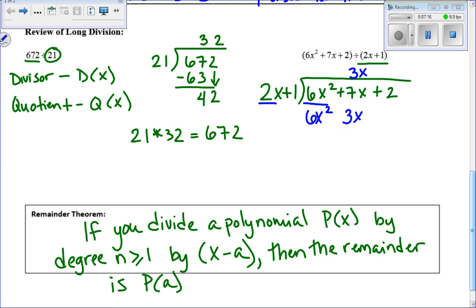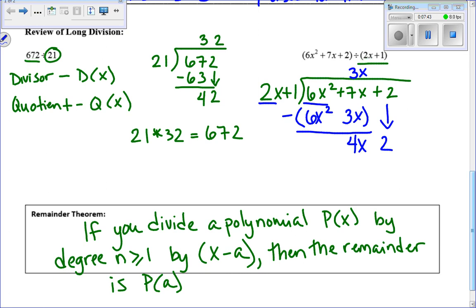Now, we're taking this whole expression and subtracting it from the values up above. You should always end up with 0 right here. I don't normally write that, but since you can't see where I'm pointing, I have to write it for you. And then you have 7x minus 3x, so you get 4x. Next you're going to bring down the 2.